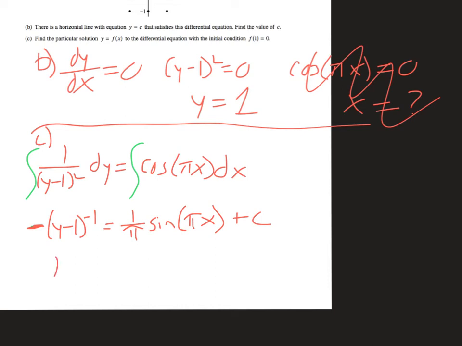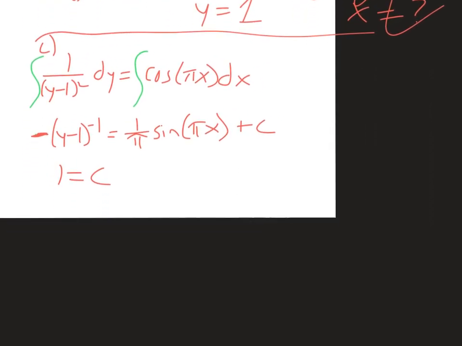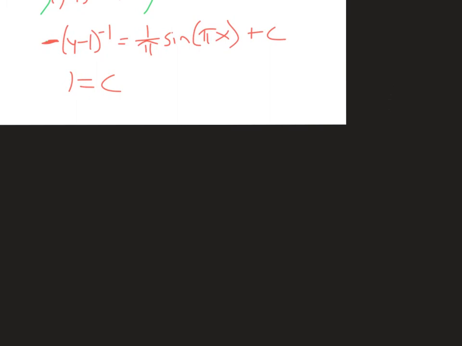So this whole thing just simplifies to be 1. And then on the right-hand side, sine of 0, if we plug in 0 for x, is 0, so we just get 1 for c here. So now we know that c is 1. Let's give ourselves a little bit more room here and solve this.